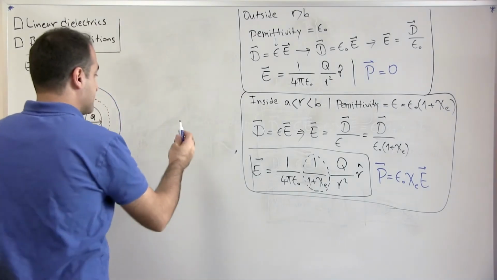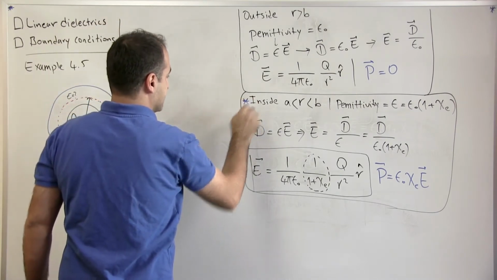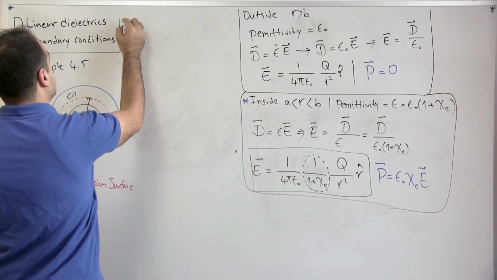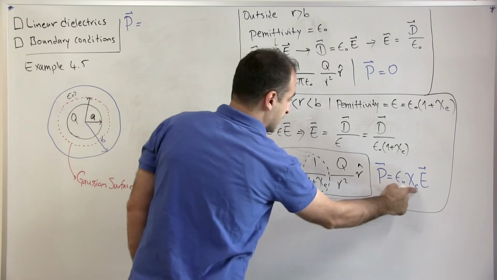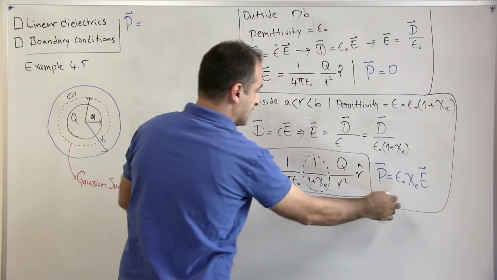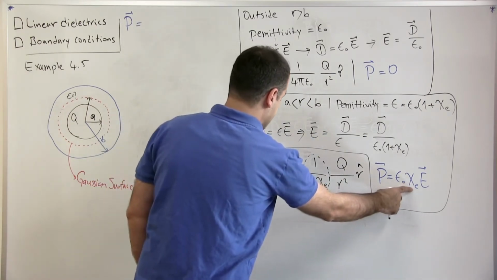So what I'm doing here is for this part inside the dielectric. That's where we have the polarization. P is equal to epsilon naught chi e times E. So I'm going to take the whole thing here and multiply that by epsilon naught times chi e.